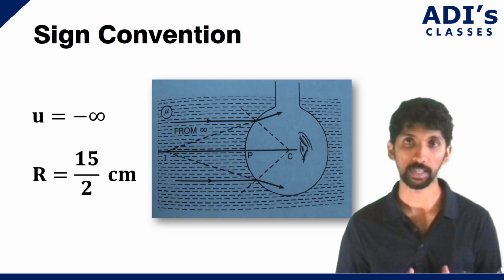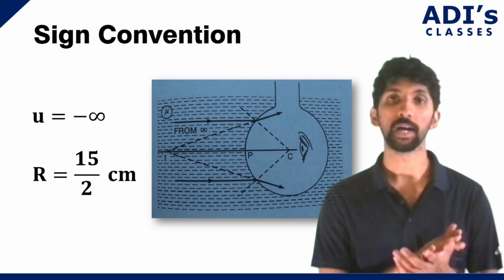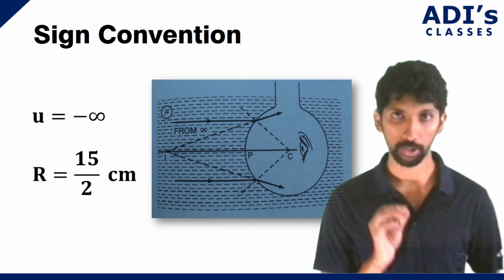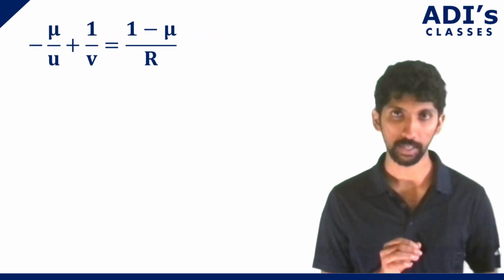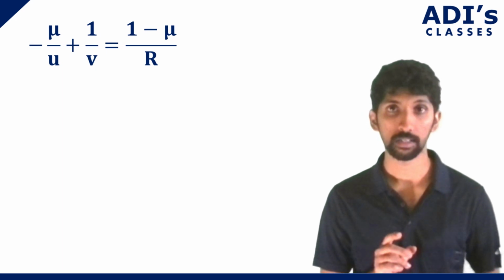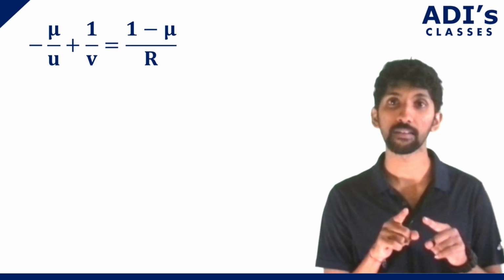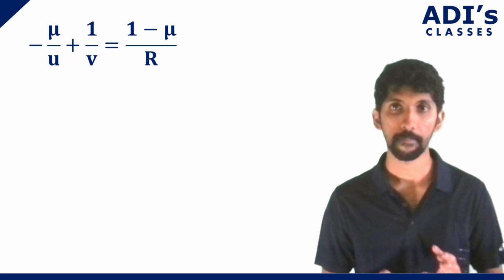So we got to know how the figure looks and what sign conventions we have to take, right? So let's apply the formula. The formula is minus mu divided by u plus 1 by v is equal to 1 minus mu divided by r. Now why are we taking this formula? Because the incident ray travels in the denser medium, correct?